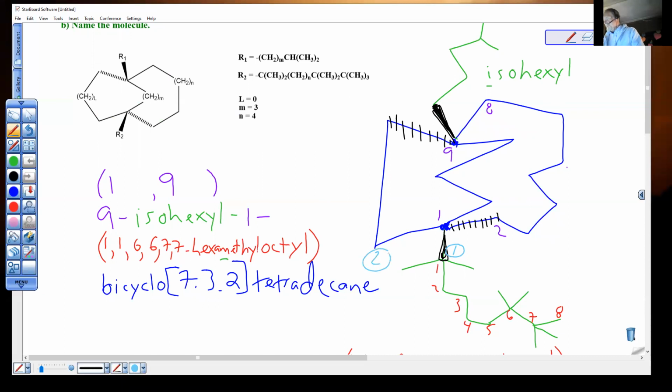Once again, I've practiced these a long time. I don't expect you to be this fast. The 4 is over here because there is just a bunch of CH2s and no branch until carbon 9. And where's our 3? It's in the middle here. It has a branch on the 4th carbon. 1, 2, 3, 4. And you were lucky.